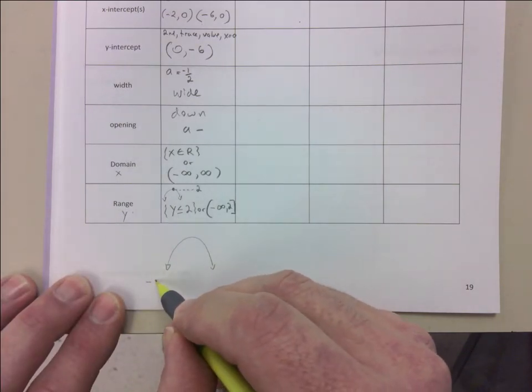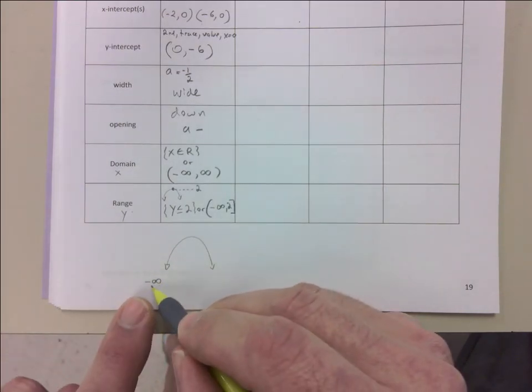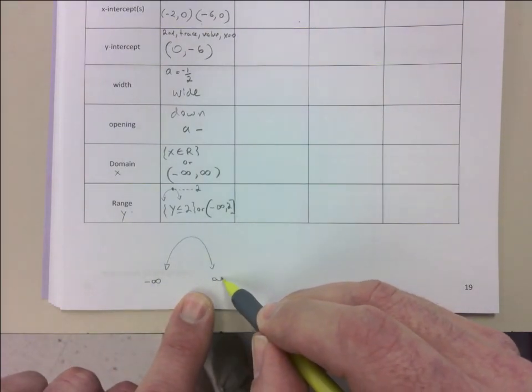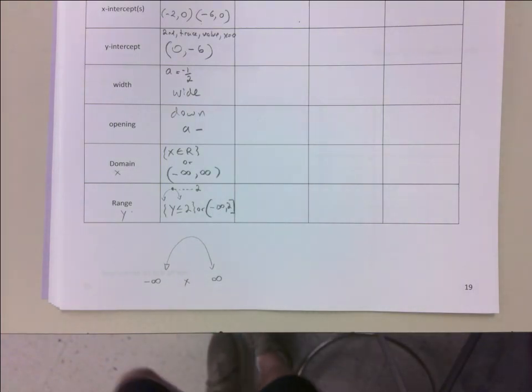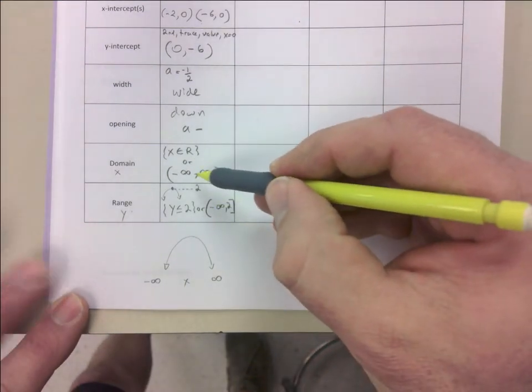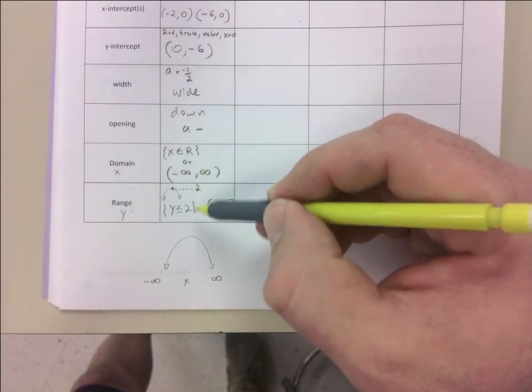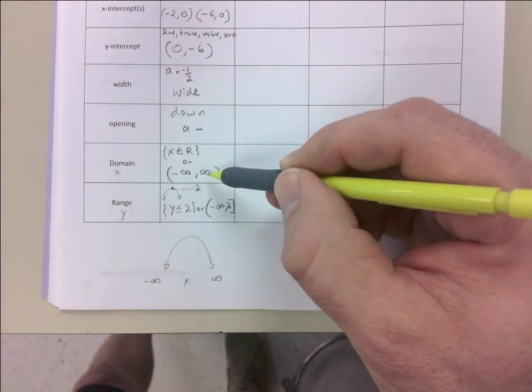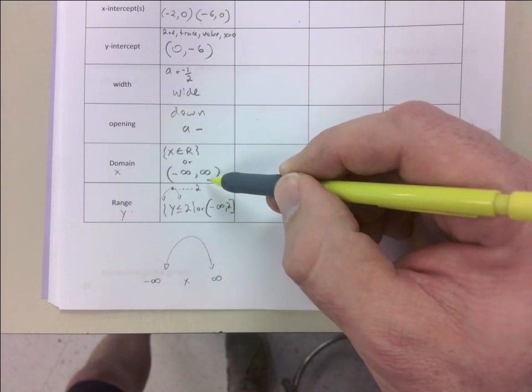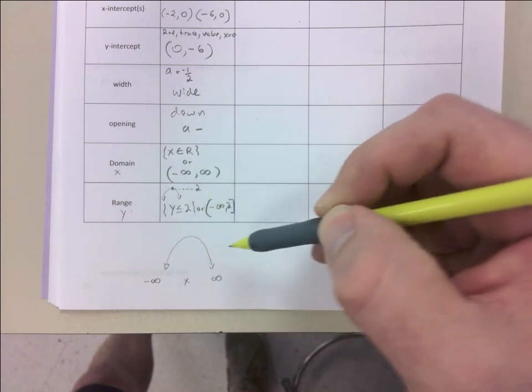So how about we do this? It goes from negative infinity to positive infinity when it comes to the x values. So that's why we say that the domain, everything goes. You can go as far as negative infinity and as far as positive infinity. The graph will always exist, okay?